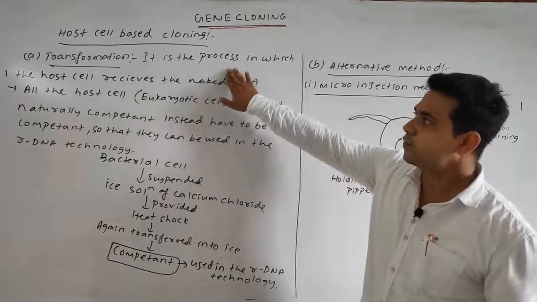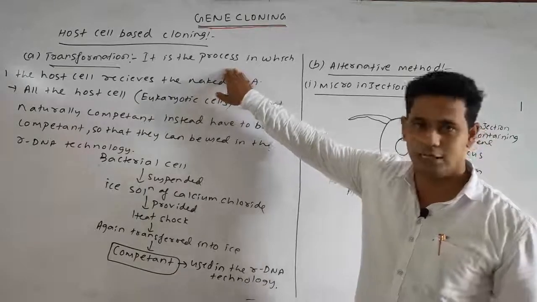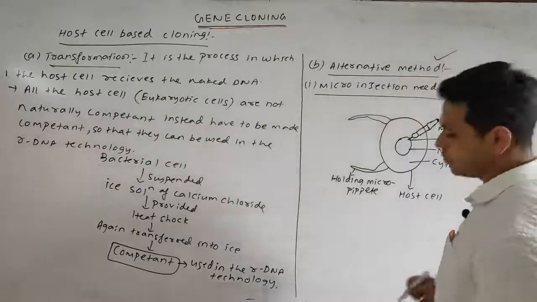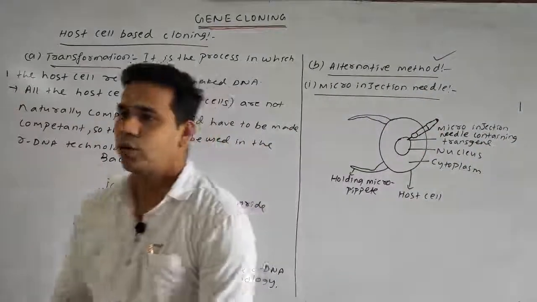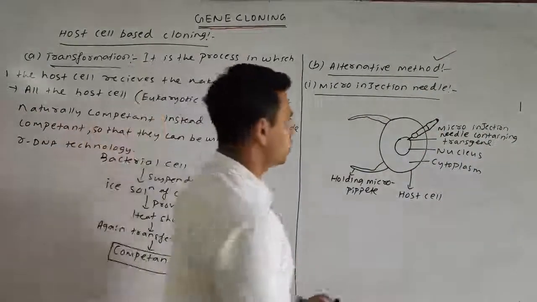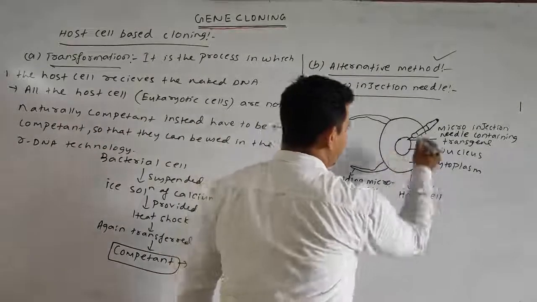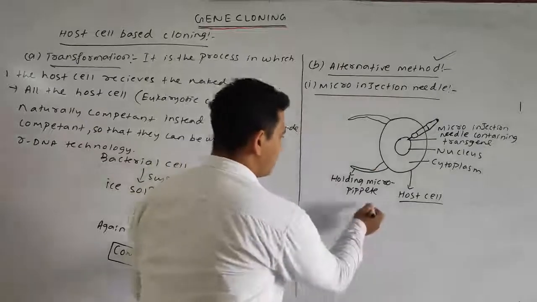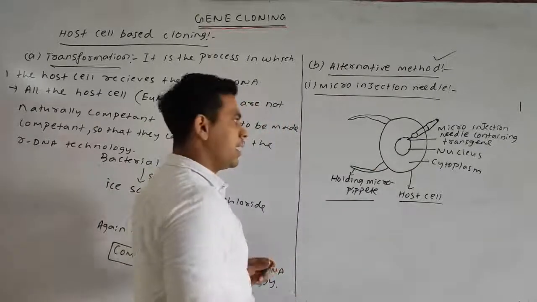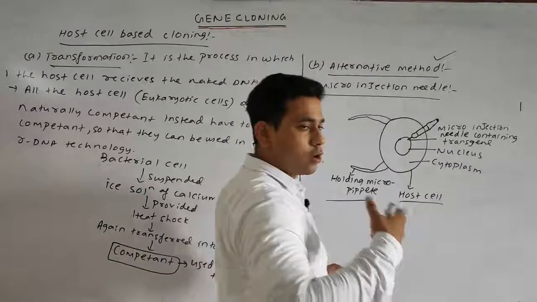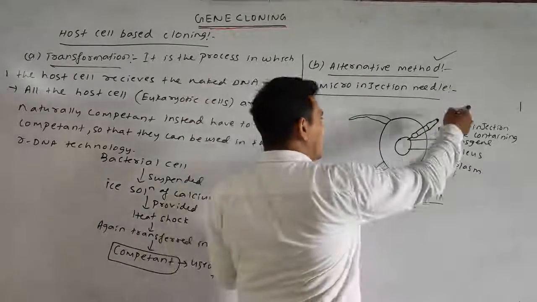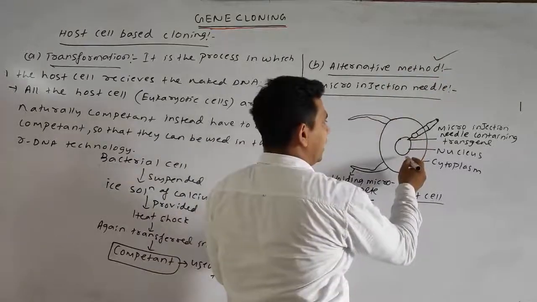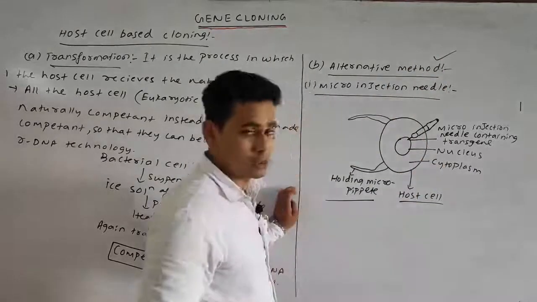Okay, this is one of the host cell based gene cloning methods. The second one is an alternative method in which no cloning vectors are used. Suppose this one is your host cell, and it is held by a holding micropipette. By the help of a microinjection, the transgene, or the desired gene, is directly injected into the nucleus of the host cell.